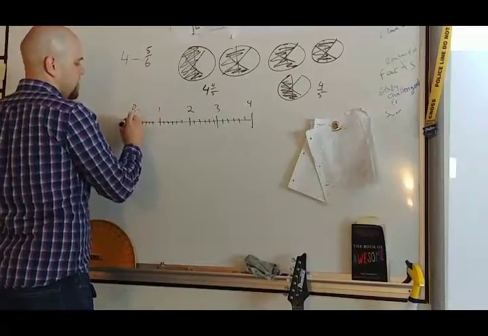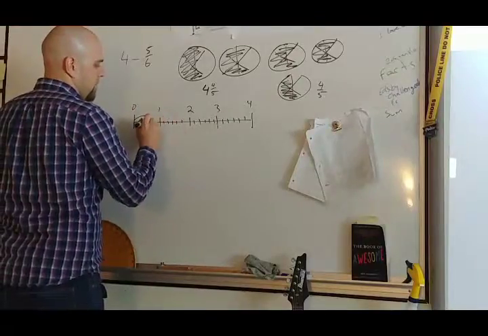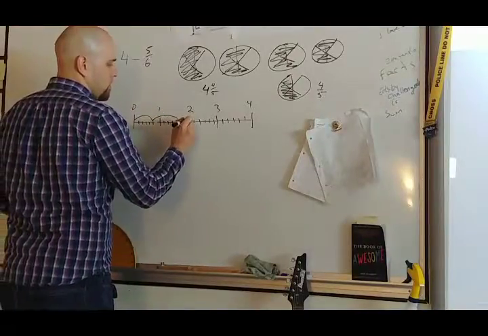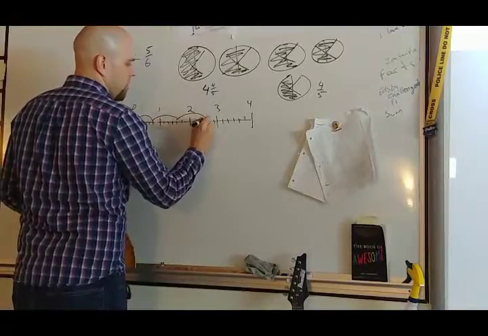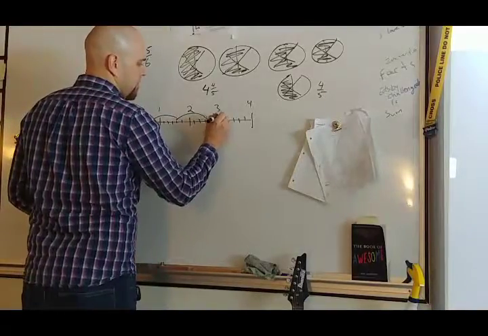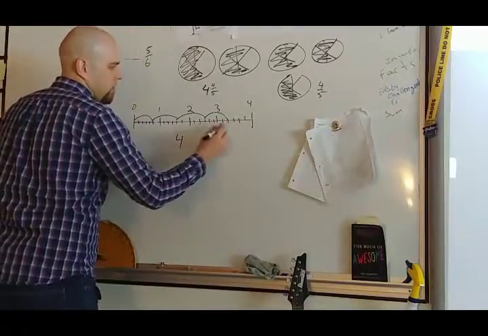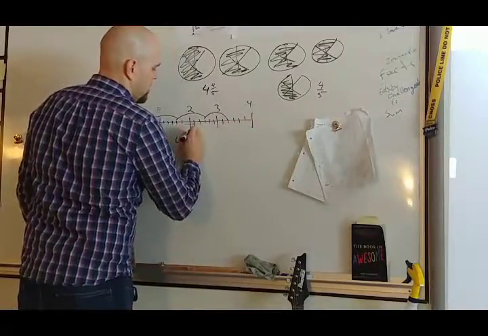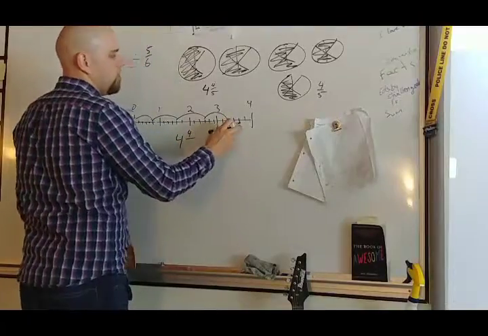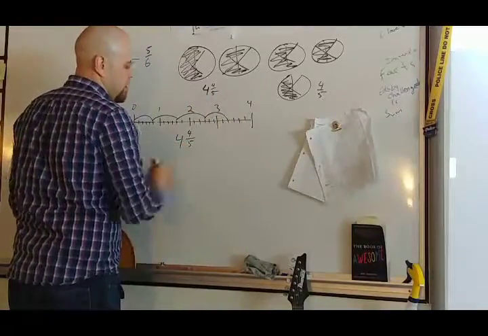Okay? So I've jumped 5/6. 1, 2, 3, 4, 5. 1, 2, 3, 4. So I now have 4, and 4 more. But that's 4 more out of a possible 5.